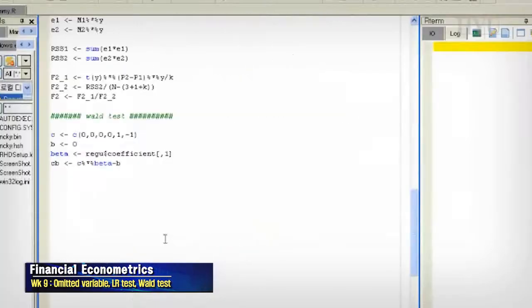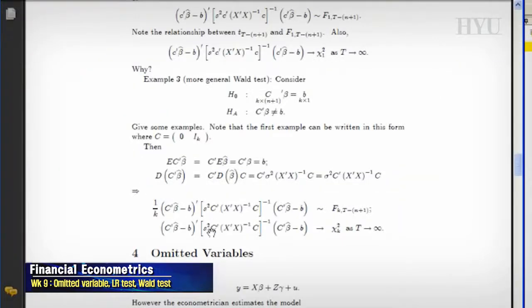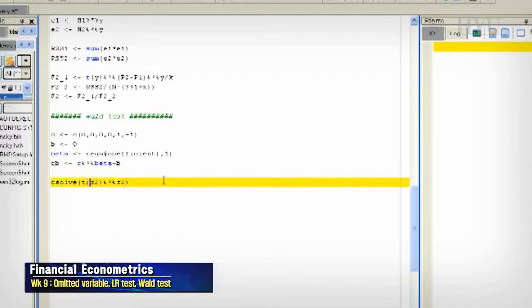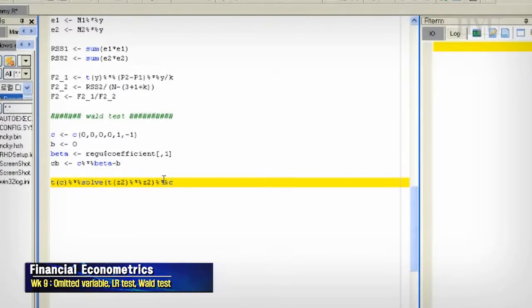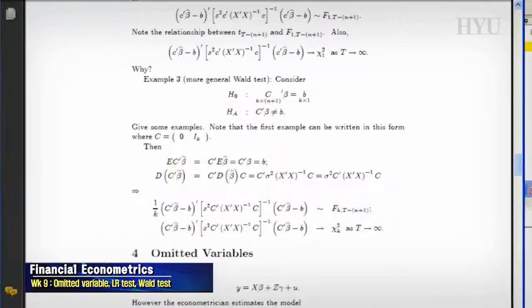So basically I have to calculate C times the inverse of X transpose X, and then I have to multiply C first and next.